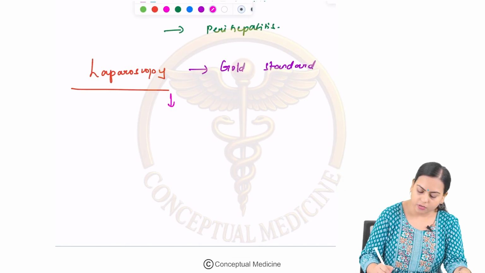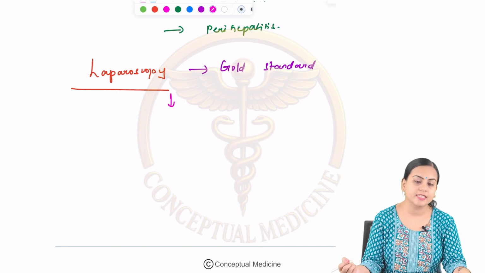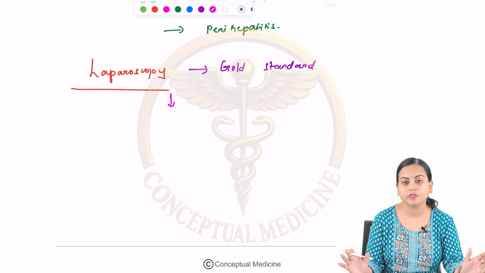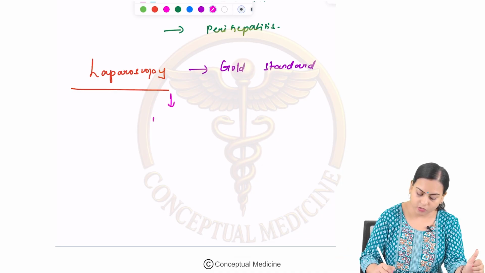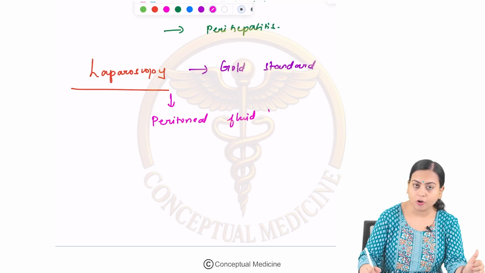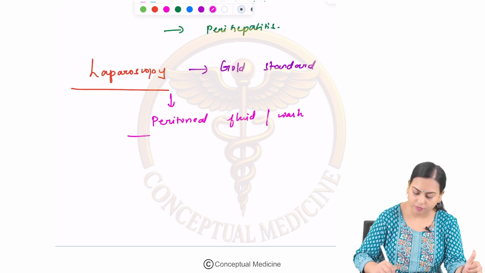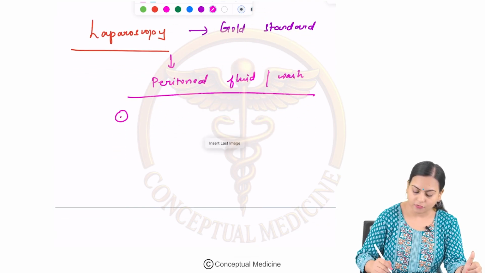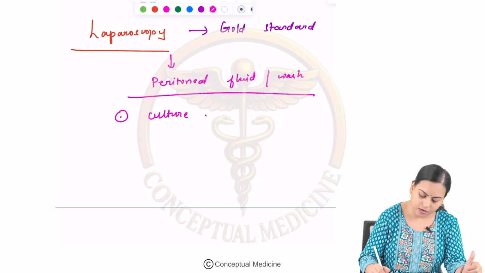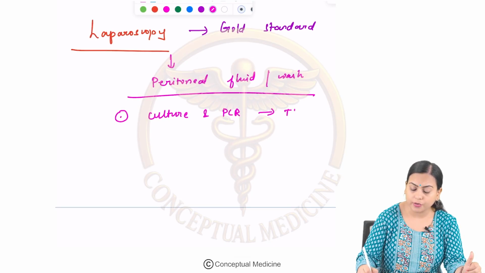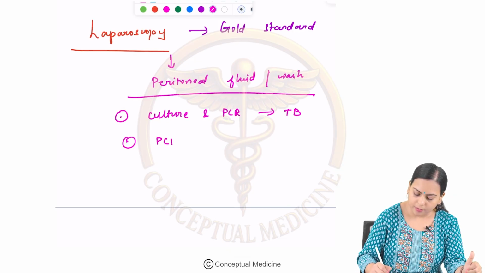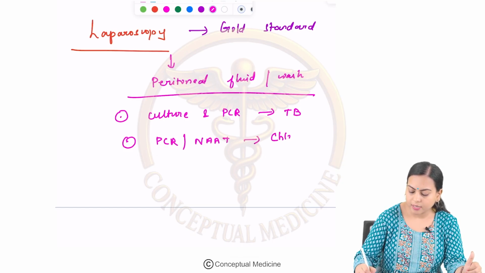Okay, because apart from visualizing what has happened directly to the uterus, ovaries and the adnexal structures, you can also obtain a peritoneal fluid directly, or this can be taken as a peritoneal wash, and it can be sent for culture and PCR in case of tuberculosis, and PCR or nucleic acid amplification test to detect chlamydia or gonorrhoeae.